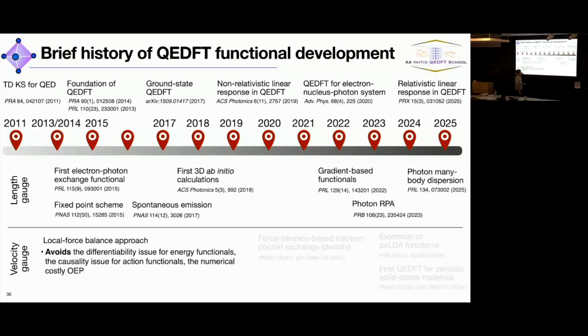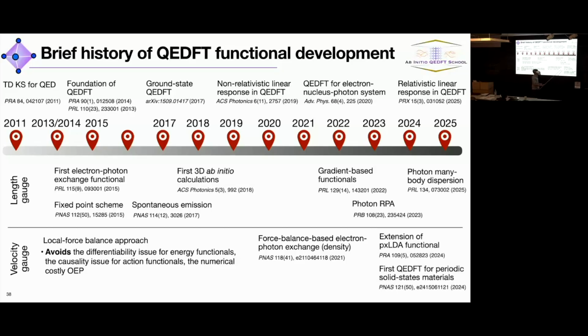This approach started in 2021 in this paper. Since then, we have extended this approach to more high dimensional materials, and in 2024, we applied it to real solid state materials, which are extended systems.